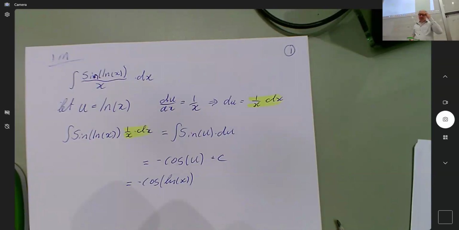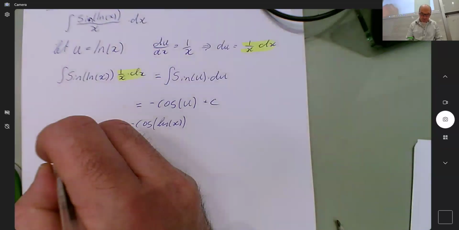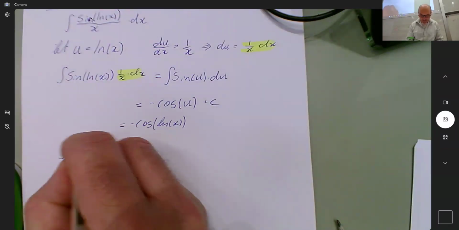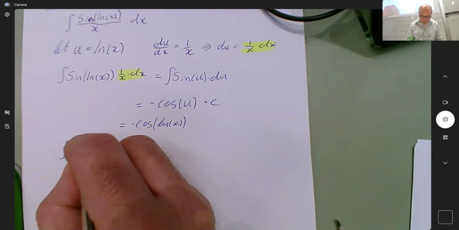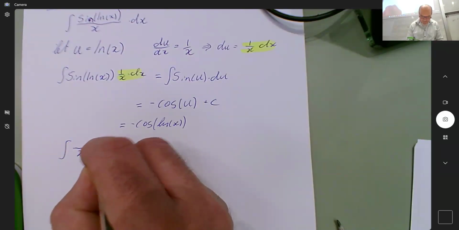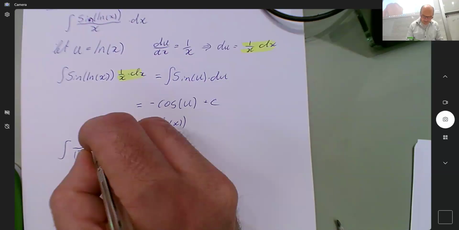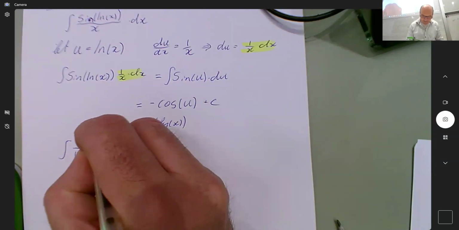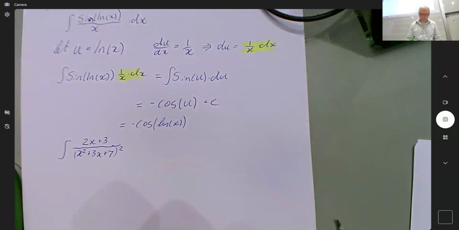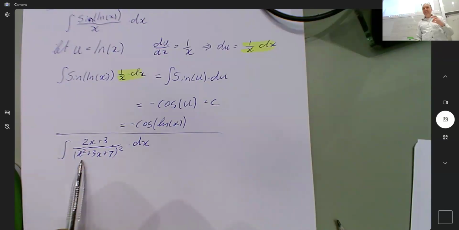So if I was to try something a little different, say x squared plus 3x plus 7, squared, and I see 2x plus 3 on top, the rule is, if there's something in the denominator, then that's probably the thing that we're going to let be the u.